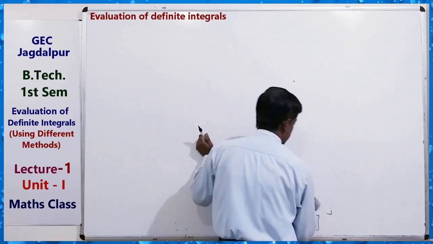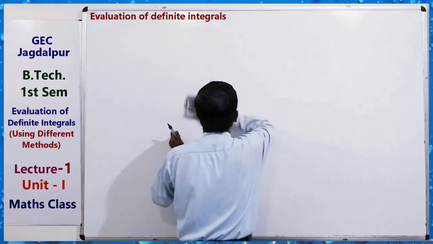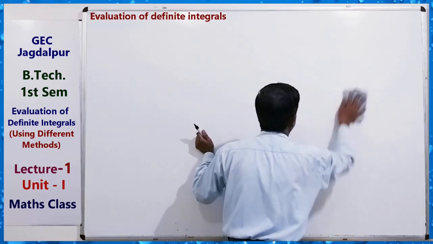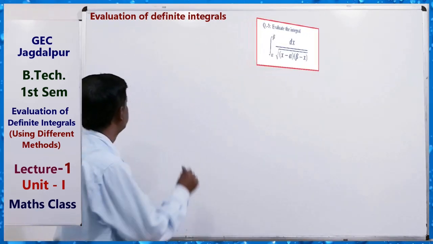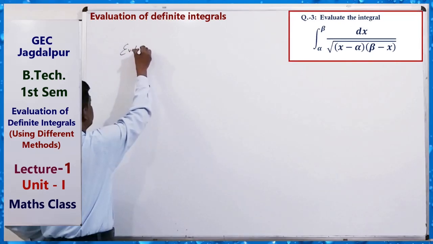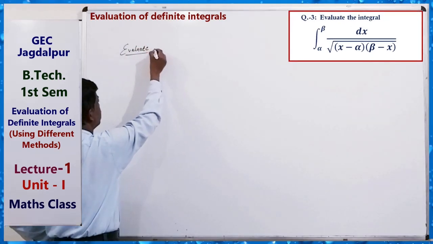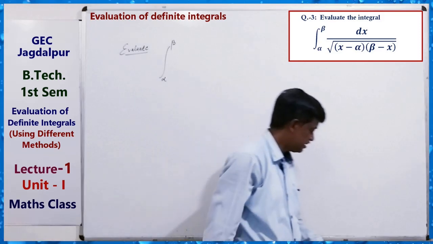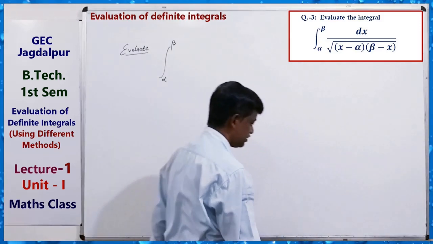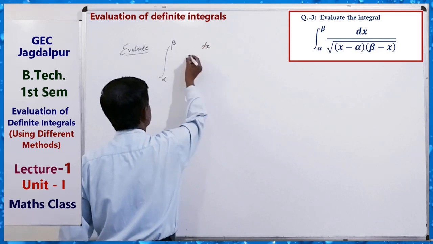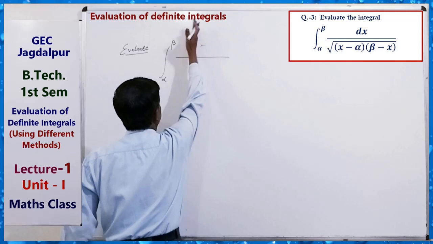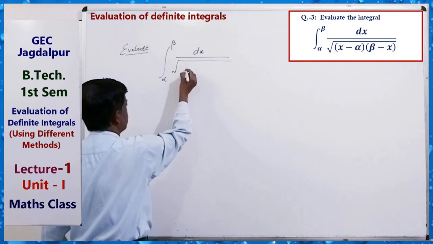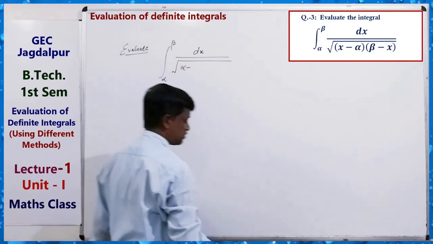Now take a question: evaluate the integral from alpha to beta of dx upon root over x minus alpha, I think.